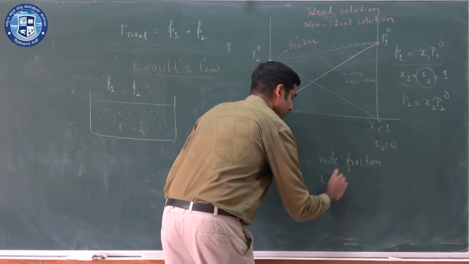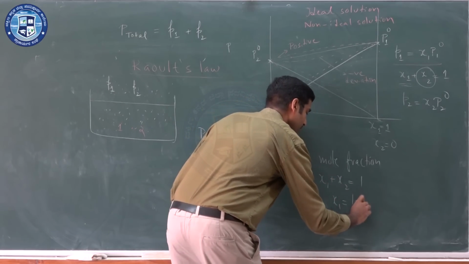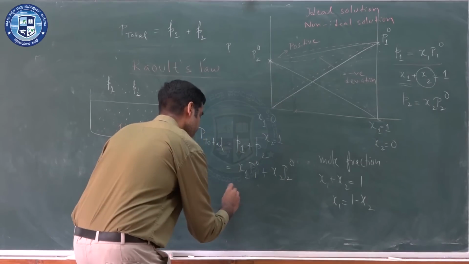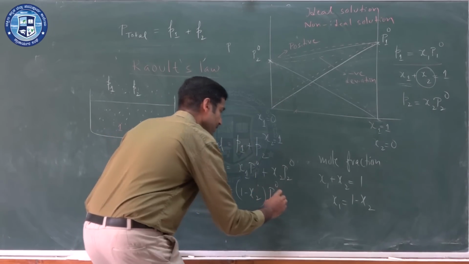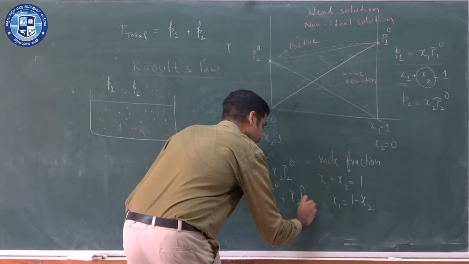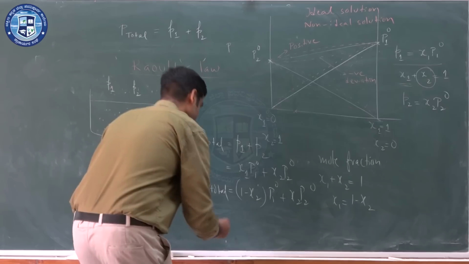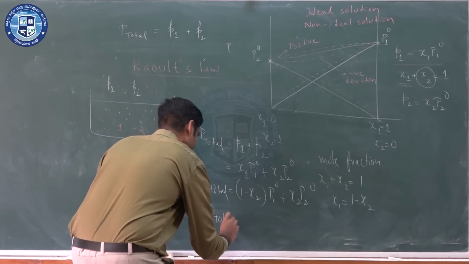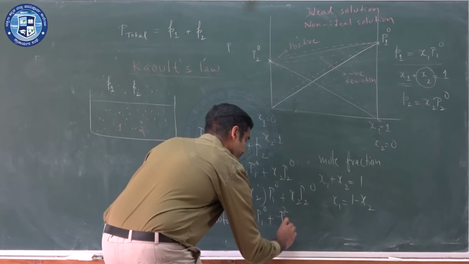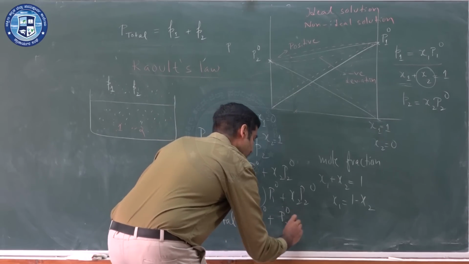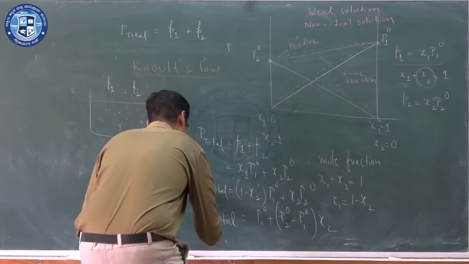I have got x1 plus x2 is equal to 1. Therefore, x1 I can write this as 1 minus x2. Let me substitute this over here, 1 minus x2 into P1 0 plus x2 into P2 0. So this is P total. I will be able to simplify this and write the final expression as P1 0 plus P2 0 minus P1 0 into x2.